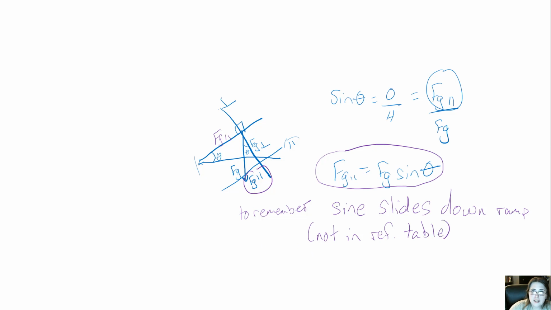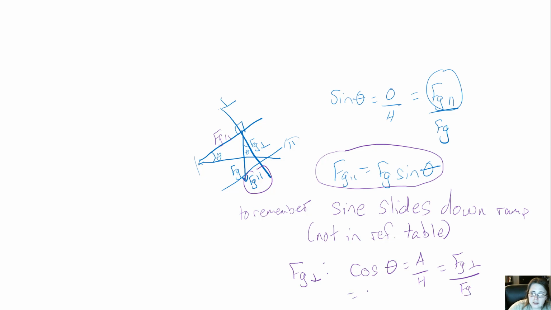So in case it wasn't obvious, this is not in the reference table. Okay, so then we need the force due to gravity perpendicular. We can do the same kind of thing, but this time it's going to be cosine theta is equal to adjacent over hypotenuse, which is equal to the force due to gravity perpendicular over the force due to gravity.